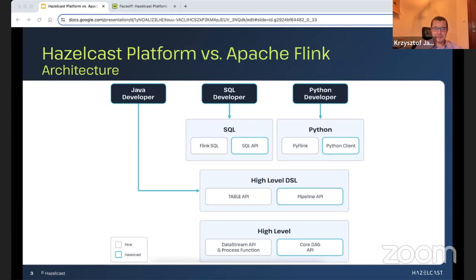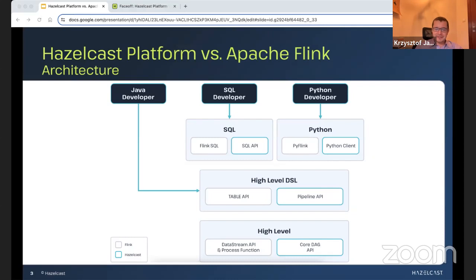So it's convenient, and you can express the transformation and aggregation logic in a short and understandable way. But under the hood, these APIs are translated to a DAG for execution.